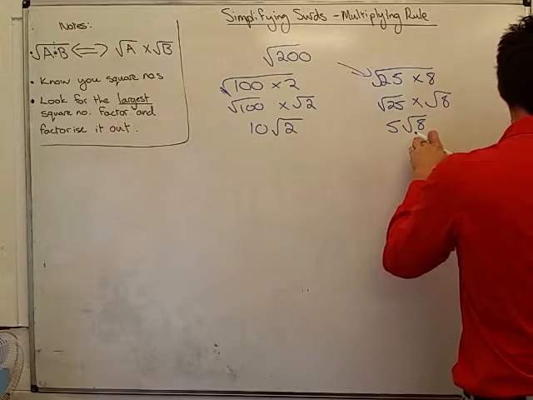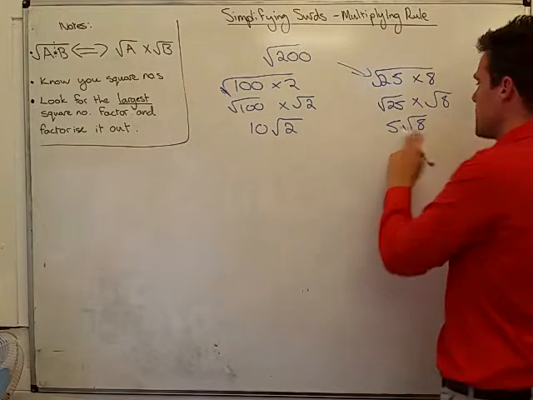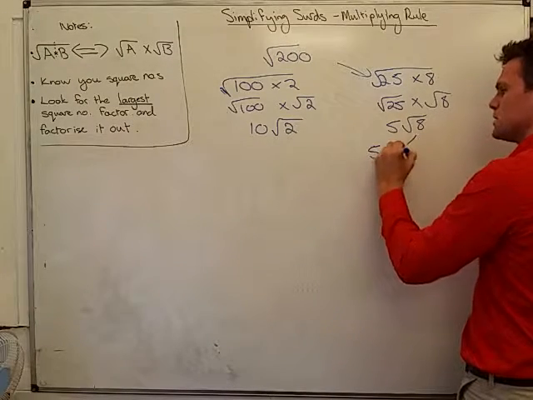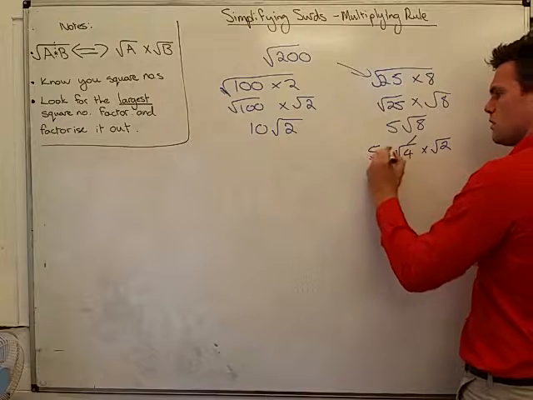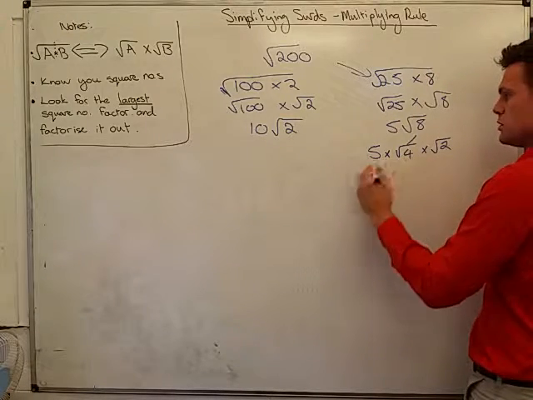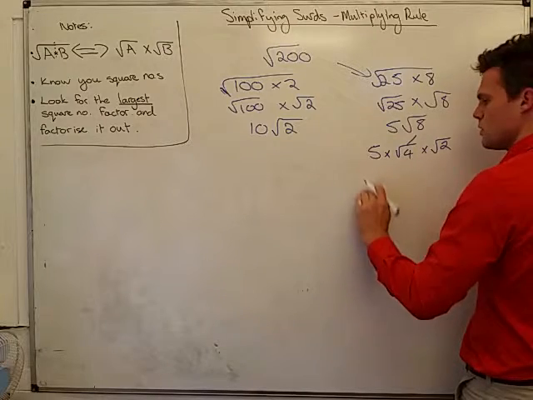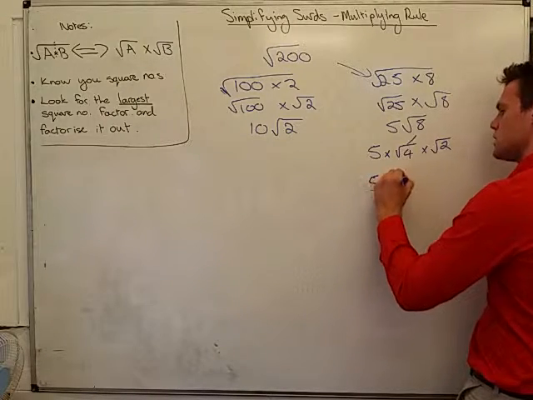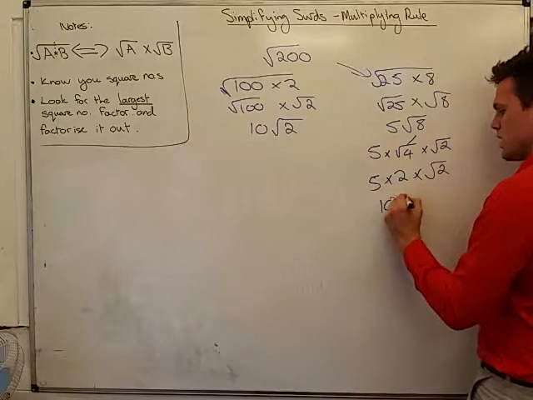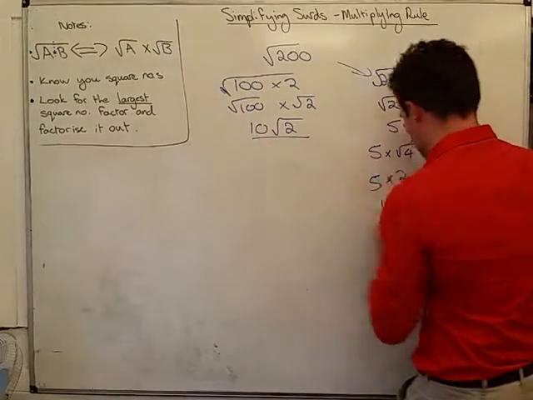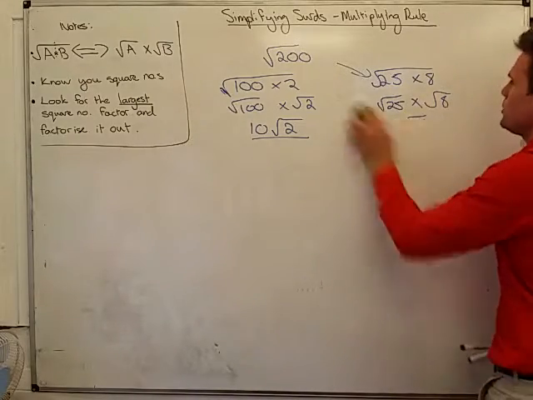And the root 8 I can still split up, into root 4 times root 2. So it'll be 5 times root 4 times root 2, and root 4 is actually 2. 5 times 2 times root 2, 5 times 2 is 10 root 2. Exactly the same there.